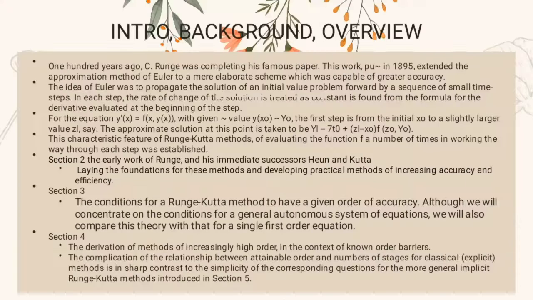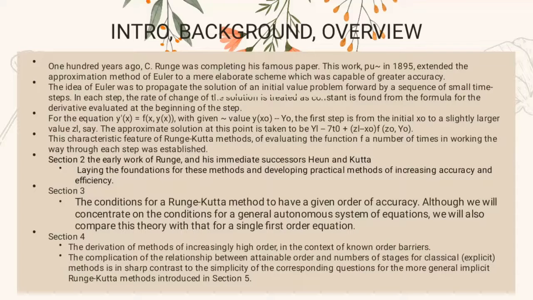So 100 years ago, Runge was completing his famous paper, in 1895, extended the approximation method of Euler to a very elaborate scheme which was capable of greater accuracy. The idea of Euler was to propagate the solution to an initial value problem forward by a sequence of small time steps.